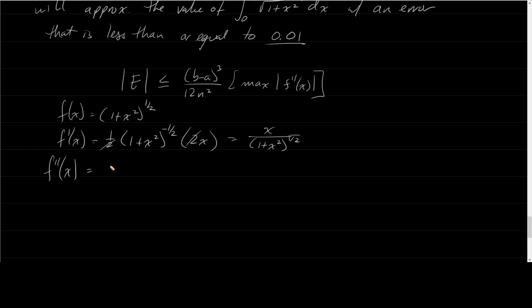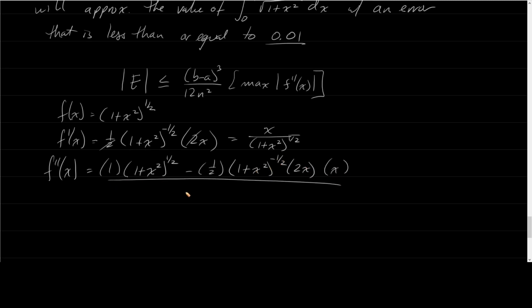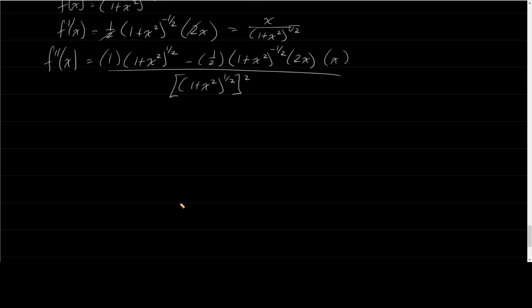The derivative of the top, 1, times the bottom, (1 plus x squared) to the 1/2. There we go. Minus the derivative of the bottom, 1/2 times (1 plus x squared) to the negative 1/2 times 2x, times the top, x. All of this over the bottom, ((1 plus x squared) to the 1/2) squared. All right, there we go. Now I did it correctly.